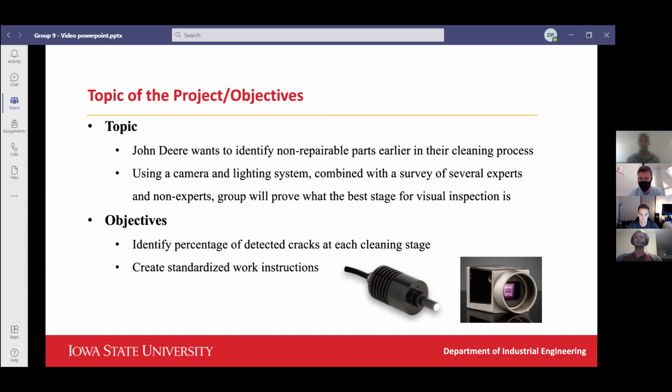So our main objectives for this project was first to identify the percentage of detected cracks at each cleaning stage. There were 3 cleaning stages. We took pictures at all 3 stages and we came up with a visual inspection. And then our second objective was to create a set of standardized work instructions so future groups could follow and go off of our project if need be.